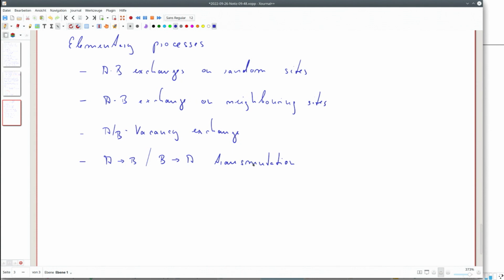When is this fourth possibility of interest? The first three ones conserve the composition. So they are in a canonical ensemble. Here you change the composition, so it's a grand canonical ensemble. And I will show that this is a very easy way to calculate phase diagrams in Monte Carlo.